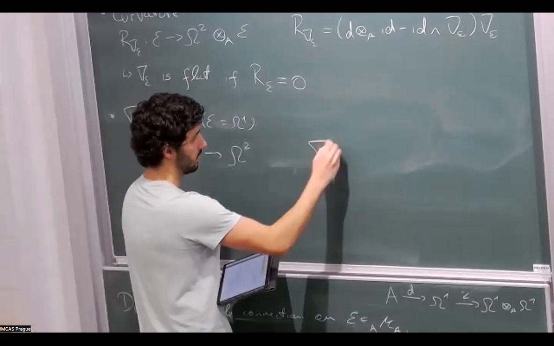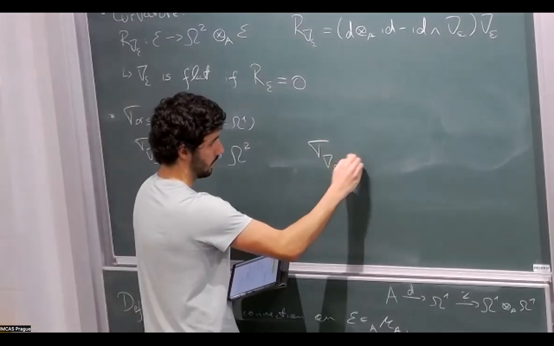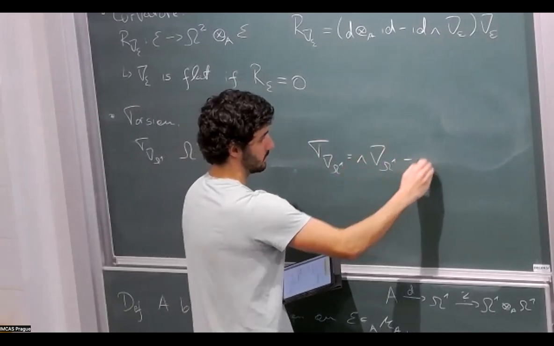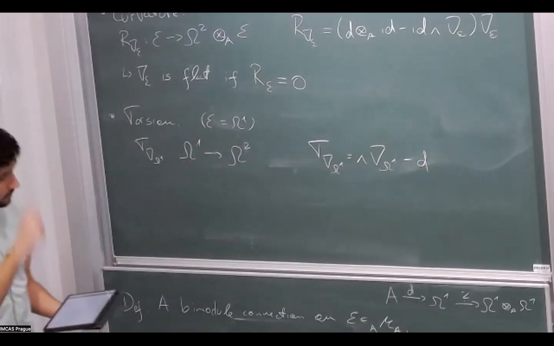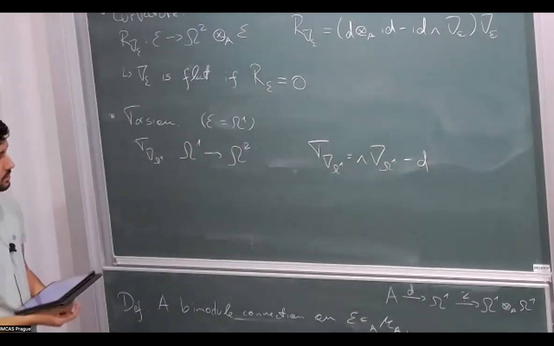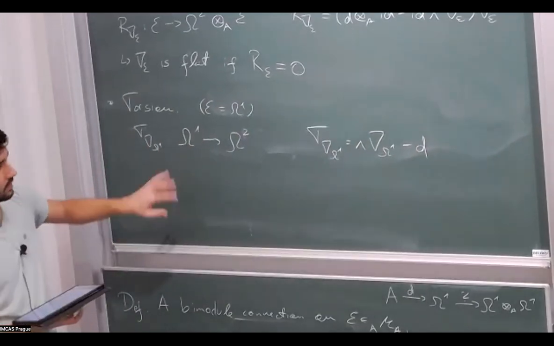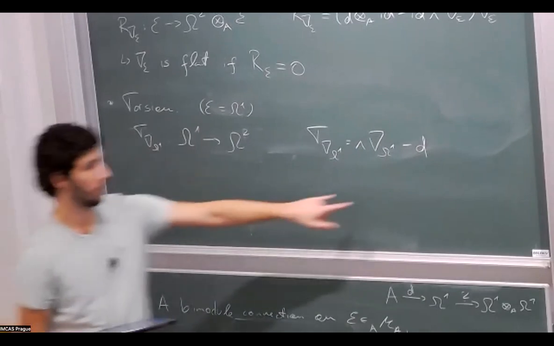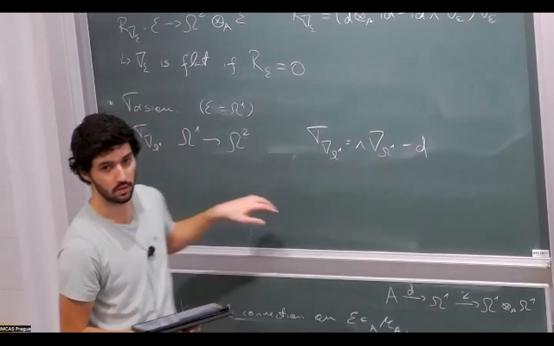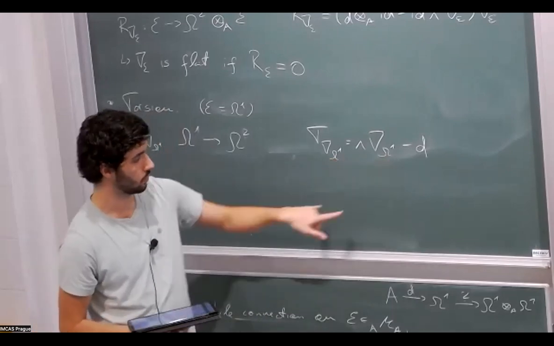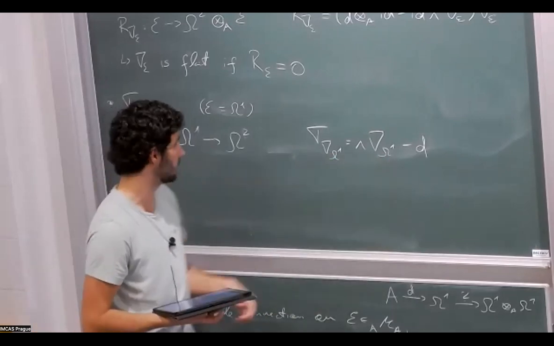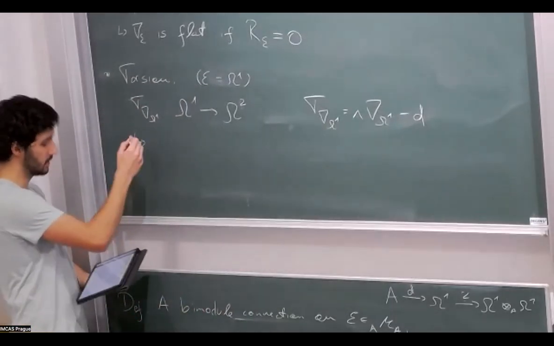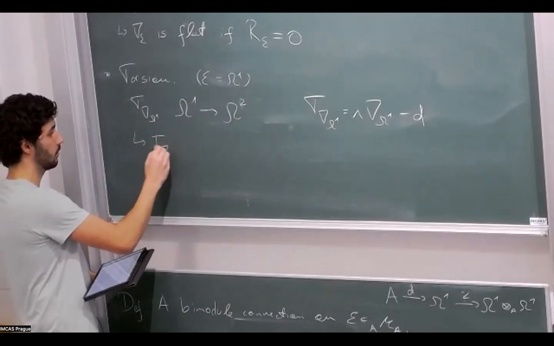And this is defined as T nabla omega 1, which is just equal to wedge nabla omega 1 minus D. This just recovers the classical torsion. The way to think about this is that it's the difference between the two ways of going from omega 1 to omega 2. We can use D on one side, and the other side is taking this to go to omega 1 tensor omega 1, and then using the wedge to go to omega 2. So torsion free is then, as you'd expect, when this map vanishes.